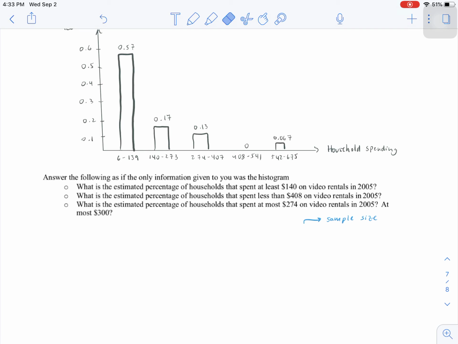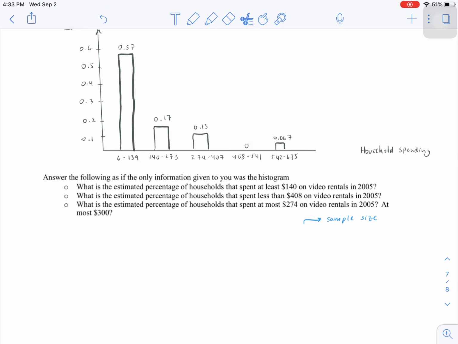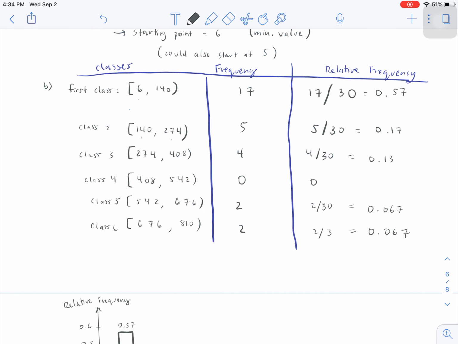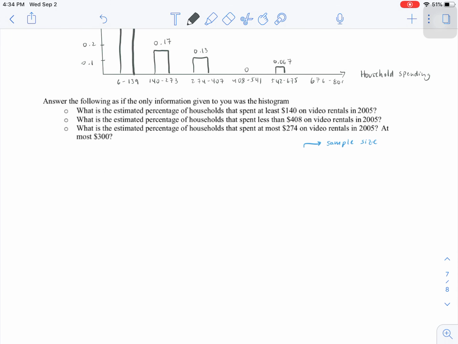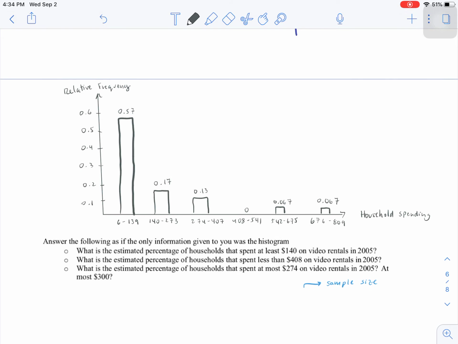And then same for my last class, which was from 676 to 809 inclusive. This was the same height, 0.067. And that is my histogram.